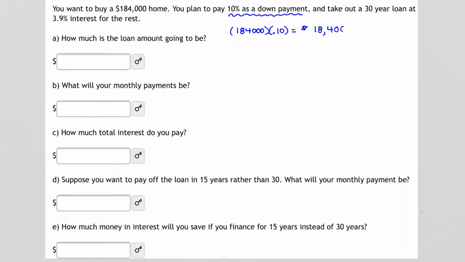$18,400. Notice a quick way to get there is that because we're multiplying by 0.1, we're actually just moving our decimal place one place over. But that being said, take 0.10 times 184,000, and that tells us what our down payment is. To get our loan amount, we simply take 184,000 and subtract from it our down payment, 18,400.